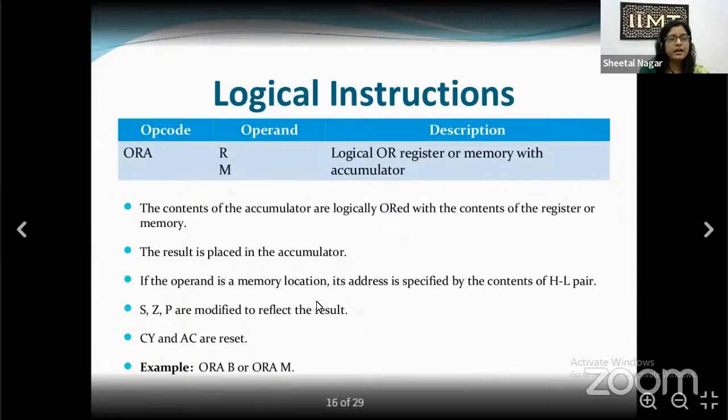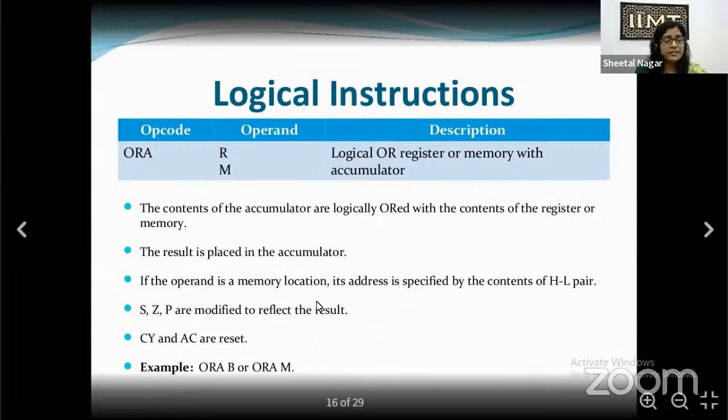ORA R and M. The ORA instruction is used to perform the logical OR operation with the contents of a general purpose register and the contents of the accumulator.